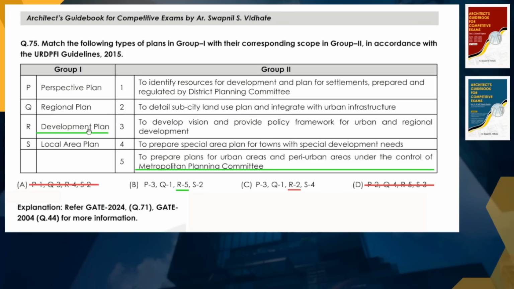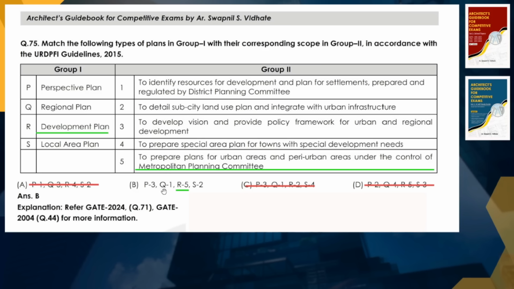Development plan is not described as detailed subcity land use plan and integrate with urban infrastructure. Development plan does not include subcity land use, right? So what is the correct nomenclature for this subcity land use? It is the local area plan, which is correctly mentioned at option B. So here option C will also be the incorrect option, right? So the only correct option will be option B.